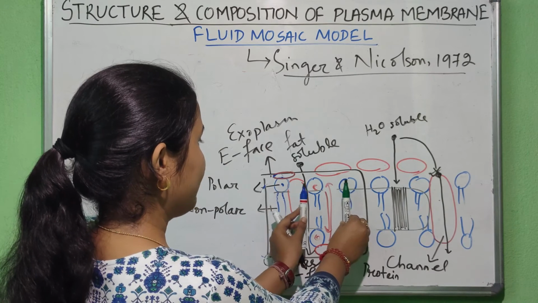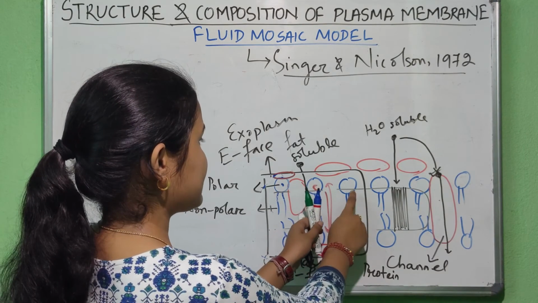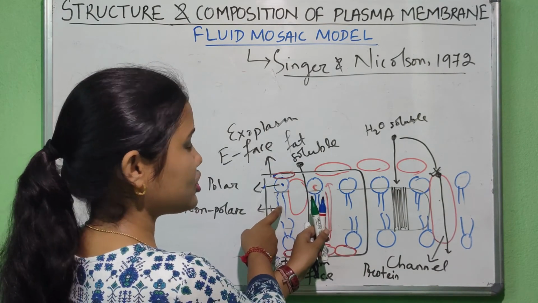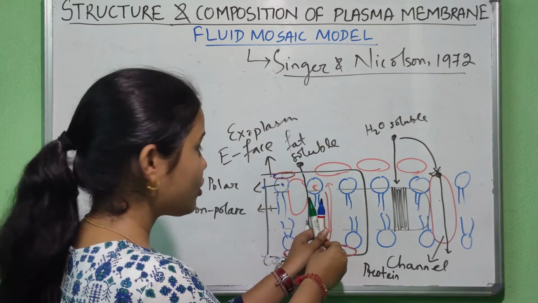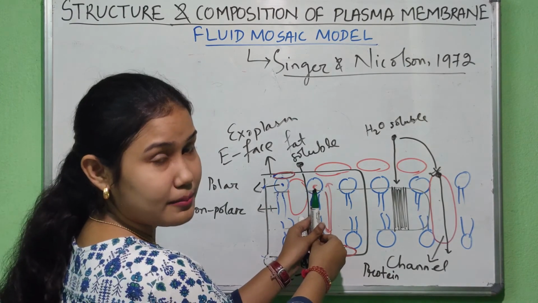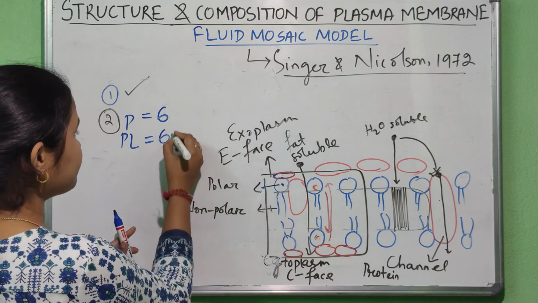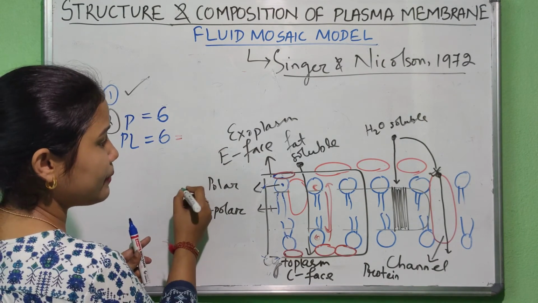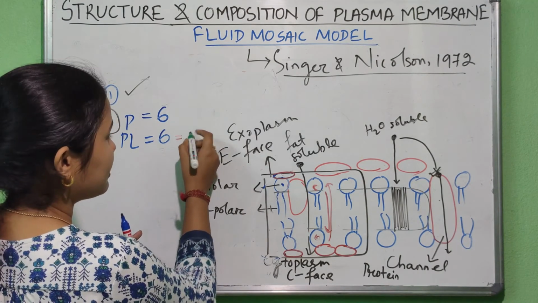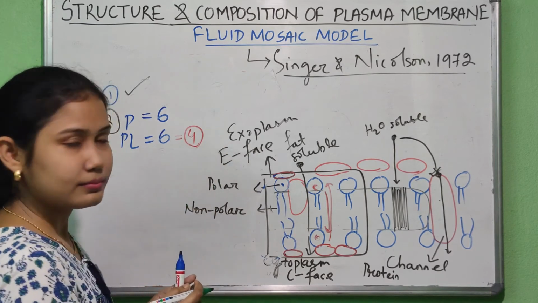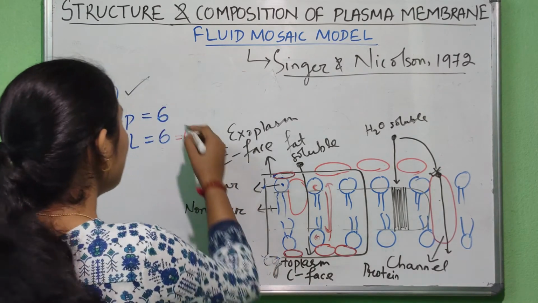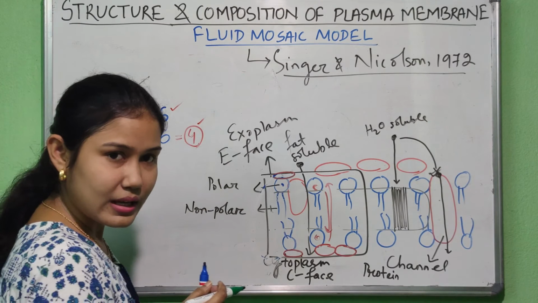So, at one position, this position as well as this position will remain vacant. So, the number of lipid will be what? The total number of phospholipid will be 6 minus 2, that is 4. Okay, clear? So, the ratio will vary.